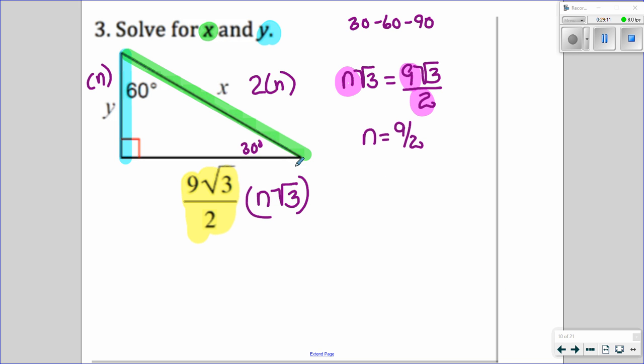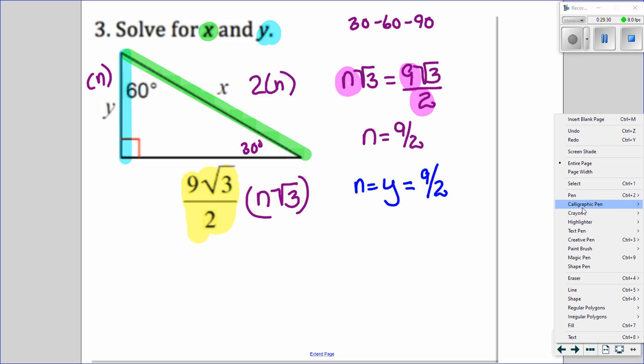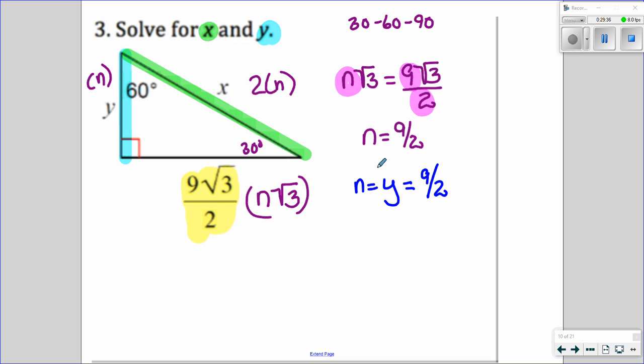So for the blue side, it's y. We have n, which is equal to y based on our side ratio. We found n, it's 9 over 2. And then for x, which is our green side, I need to box that first.